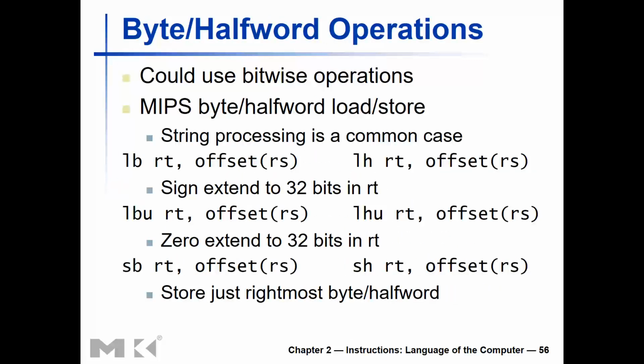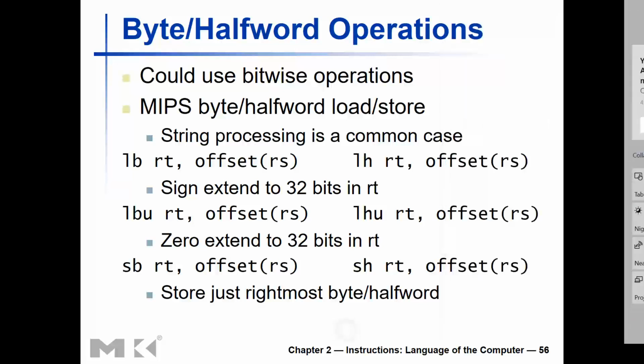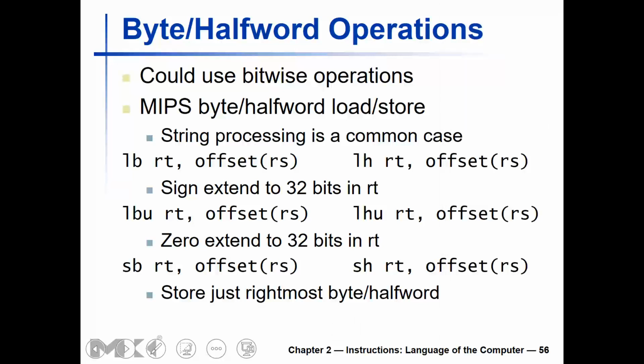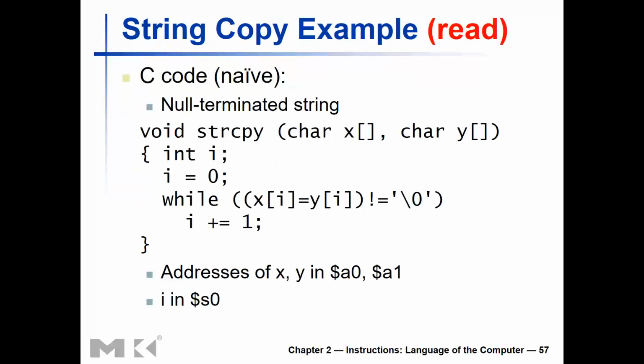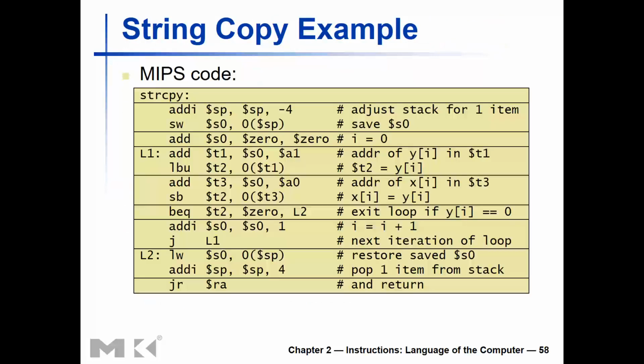To move this data to a MIPS processor, we have the load byte, load byte unsigned, and the store byte, and we have as well the load half word, load word, and store word.